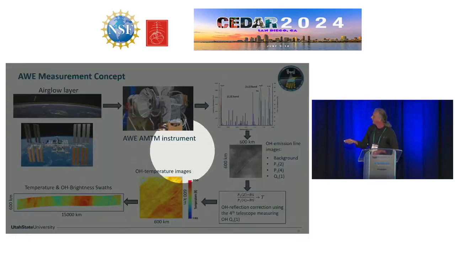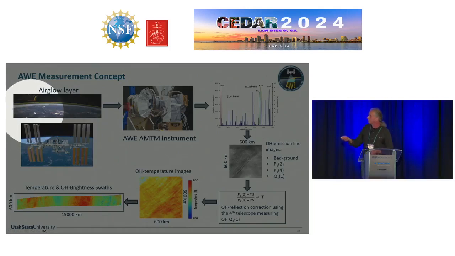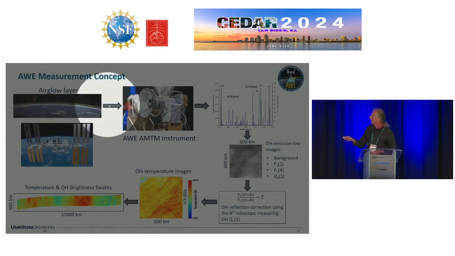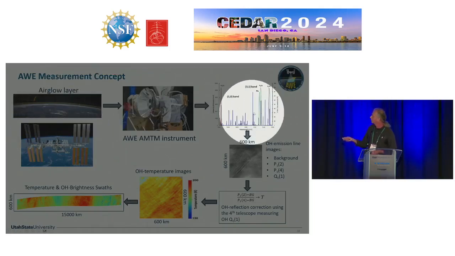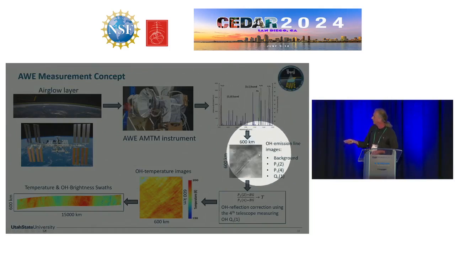Okay, so we're looking at the airglow layer at 87 kilometers with the AMTM, observing the spectrum in the OH, and then at each second we're getting images of the OH emission lines, where we see the background, we see P12, P14, and the Q line.